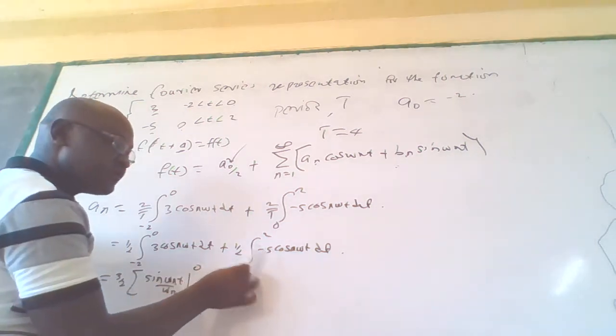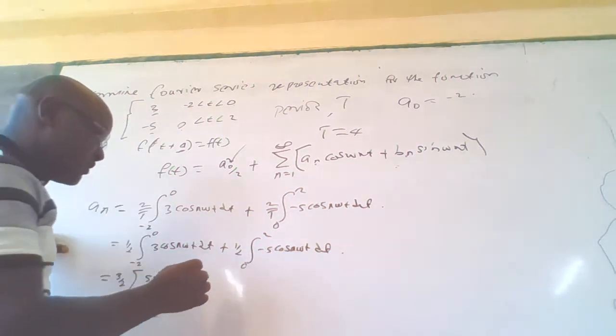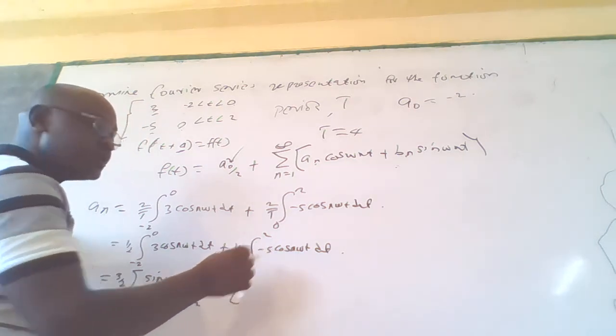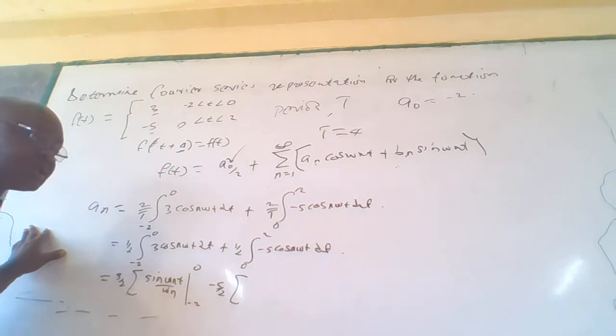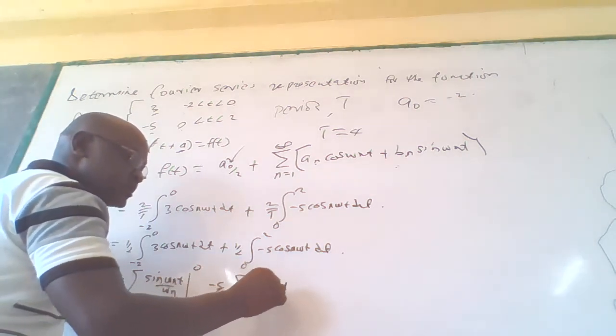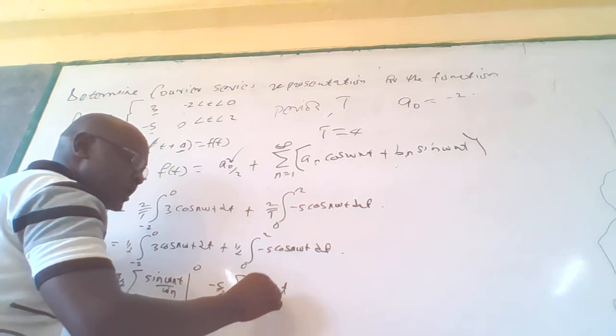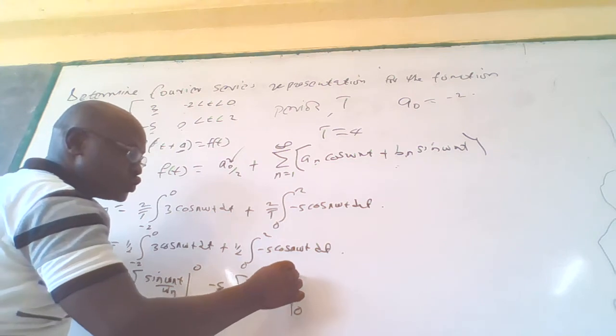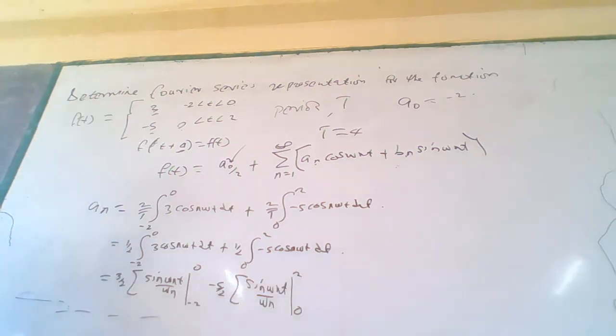Then we take negative 5 outside, so that we have minus 5 over 2. When you integrate cos n omega t, we get sine omega n t over omega n, integrating from 0 to 2.